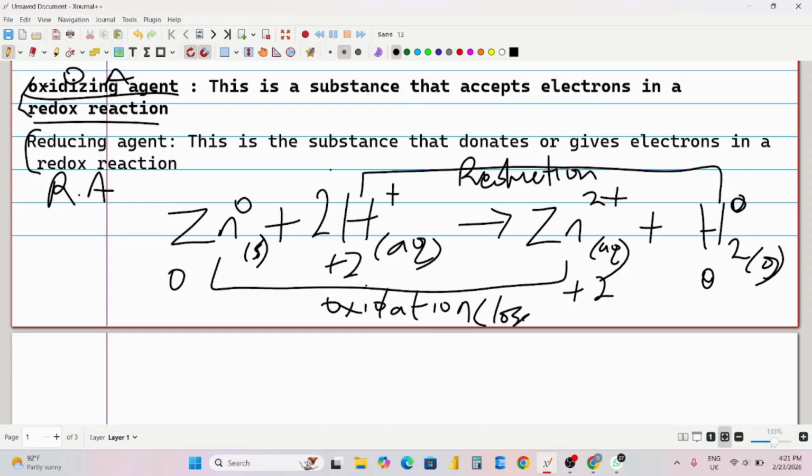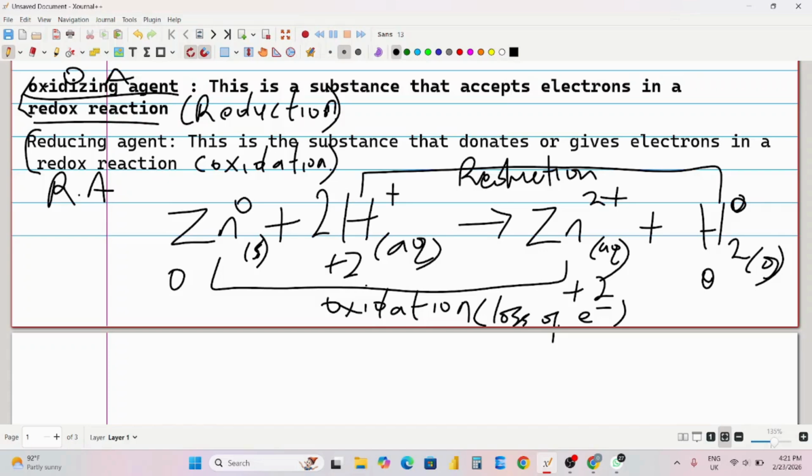Loss of electrons. That is where a substance donates electrons, which means a reducing agent is the one that undergoes oxidation, while an oxidizing agent is the one that undergoes reduction.